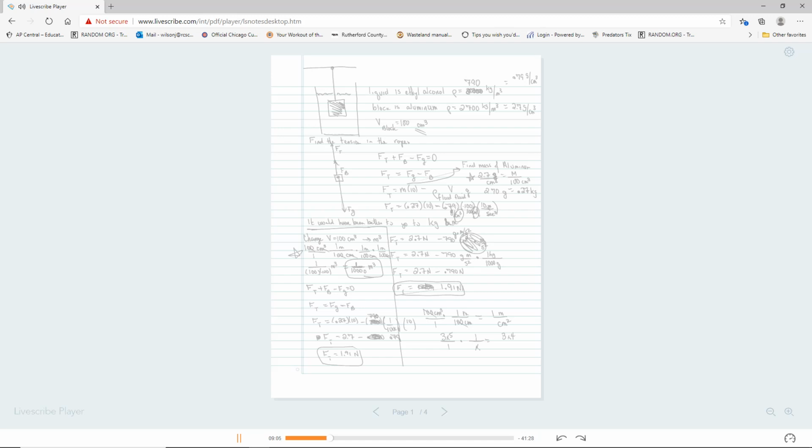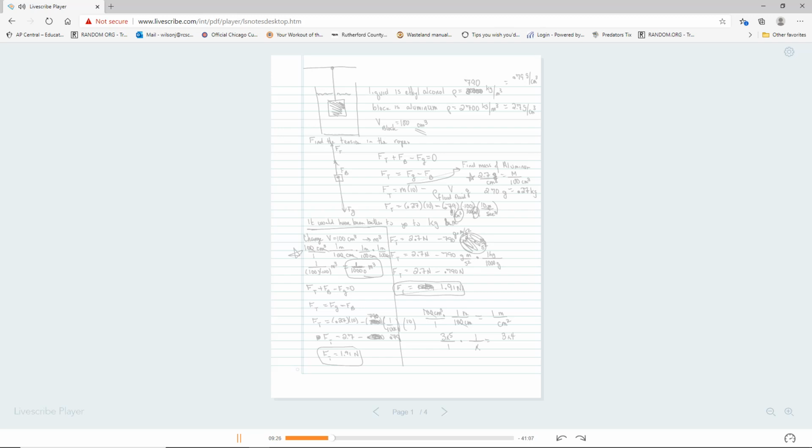Okay. So what does that mean for us? That means that we don't have to do this. We know 70% of the wood is underwater.